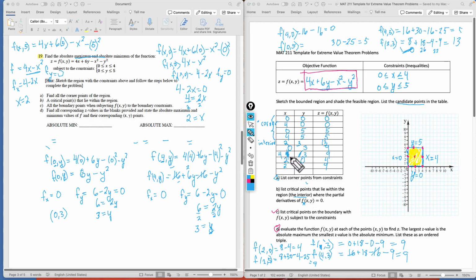So we do have a maximum. Absolute maximum. I guess I should change colors, right? Here's our maximum. And it looks like we've got 2 potential minimums on these corner points.